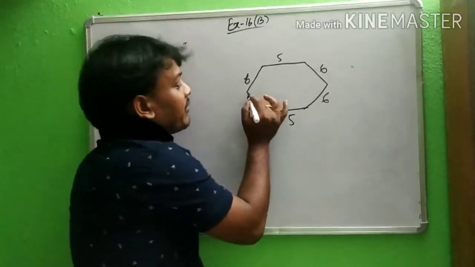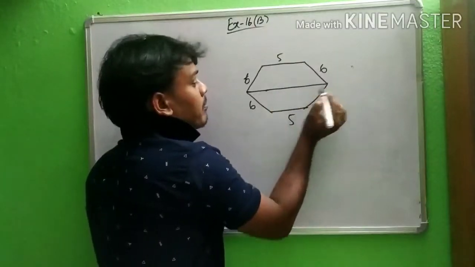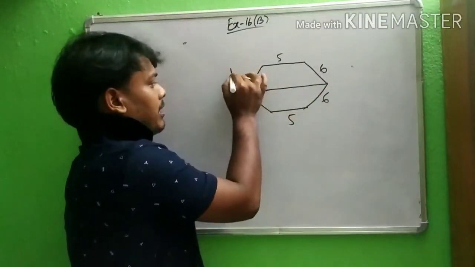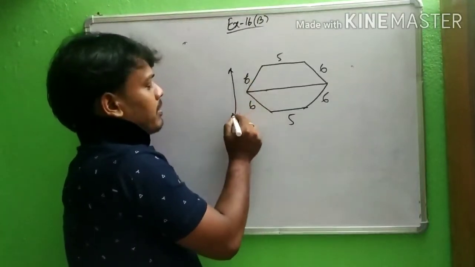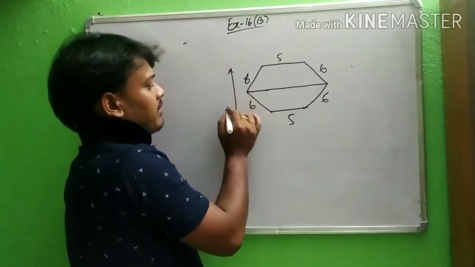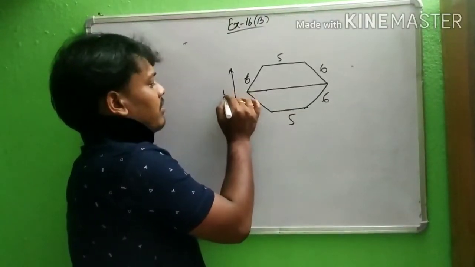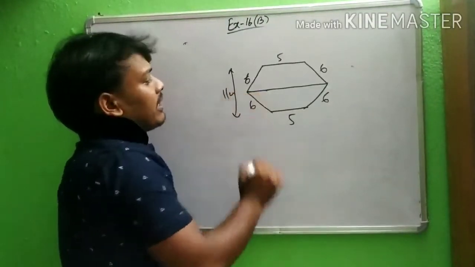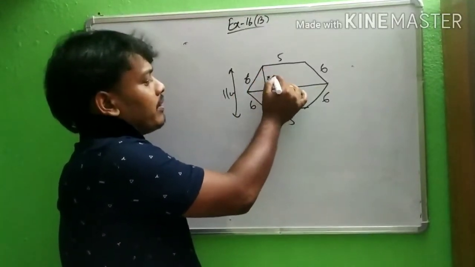The total height is also given, 11 centimeter, so this half height is 5.5.